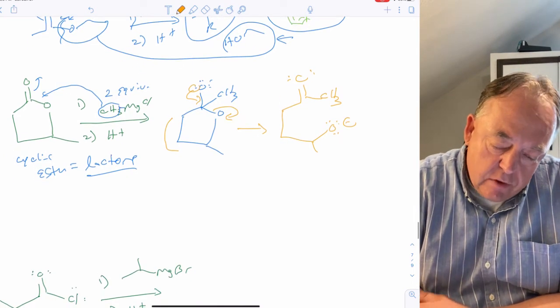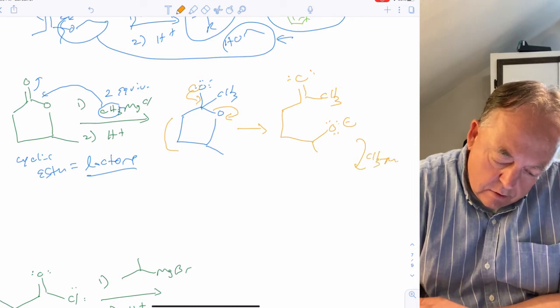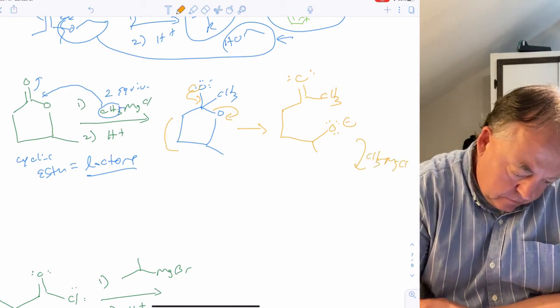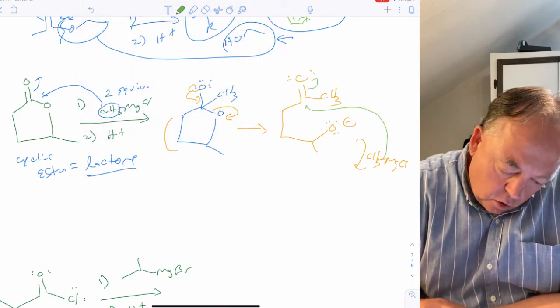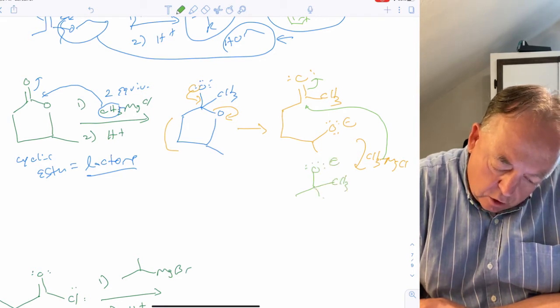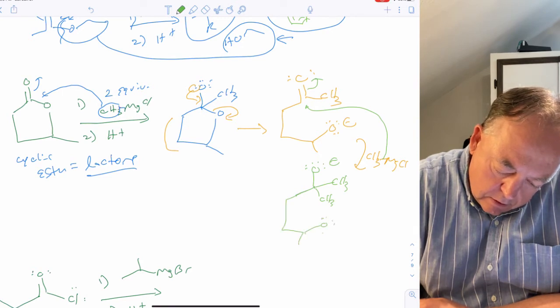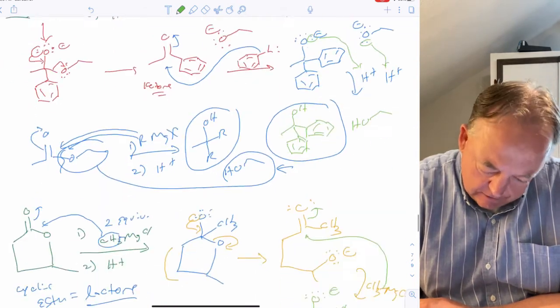Now you have a ketone, and that reaction happens again. So another equivalent comes in. Makes that an O minus again. Now you have two of the R groups added there. And you have two O minuses, just like you had two O minuses here.